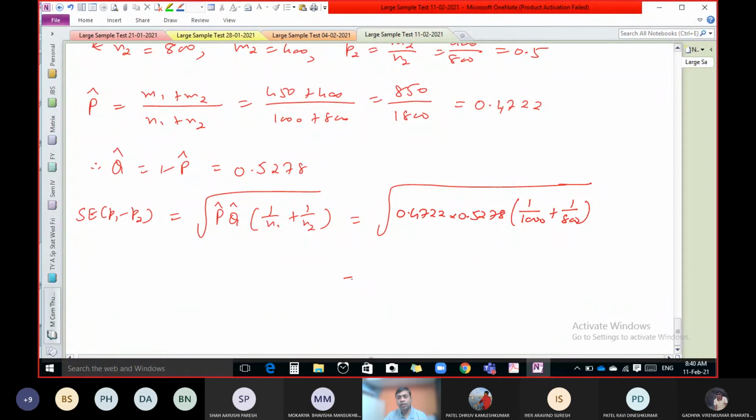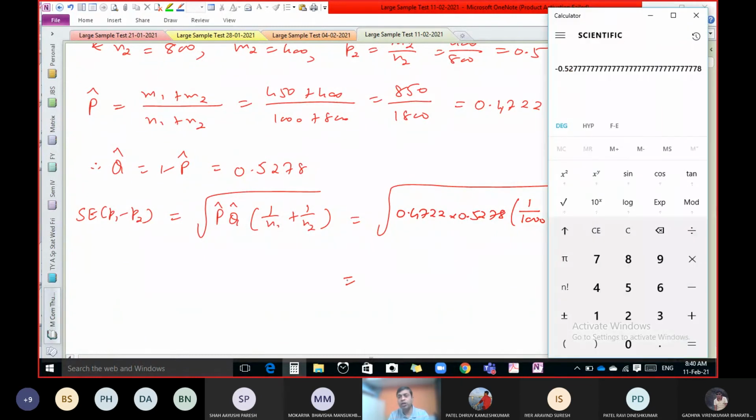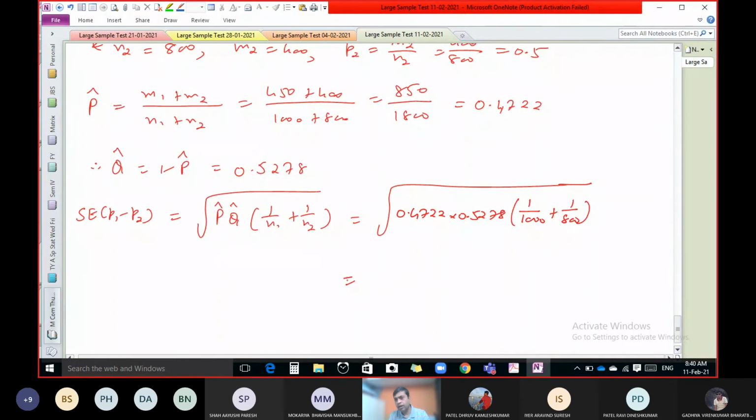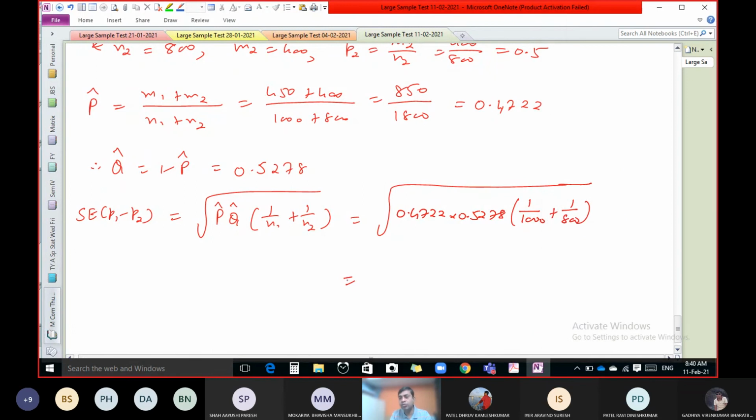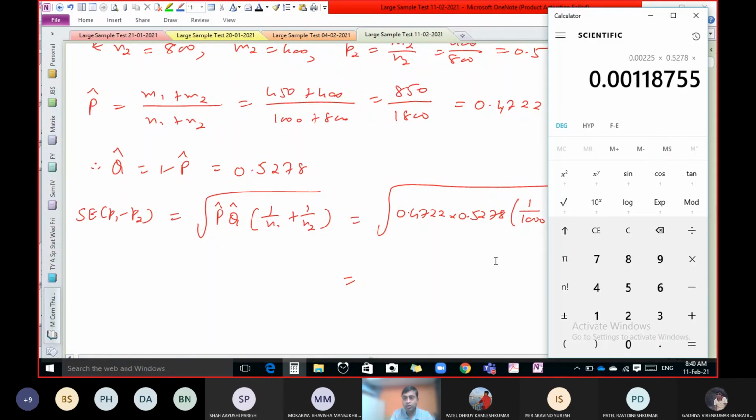Now 1 upon 1000 plus 1 upon 800, taking the LCM 800,000, we get 1800 divided by 1000 times 800. This small bracket into 0.5278 into 0.4722, and now take its square root.